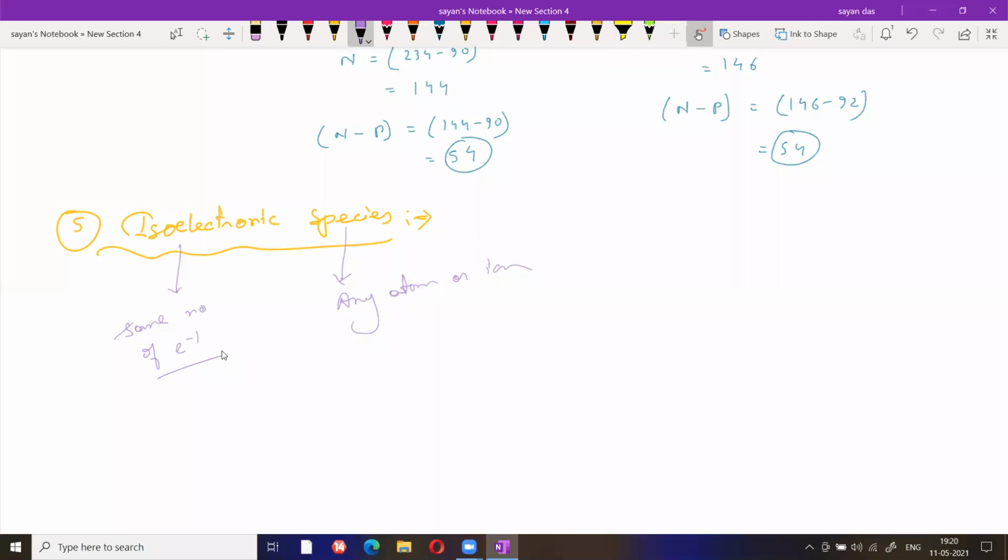So species, that means atoms or ions having the same number of electrons, are called isoelectronic species.